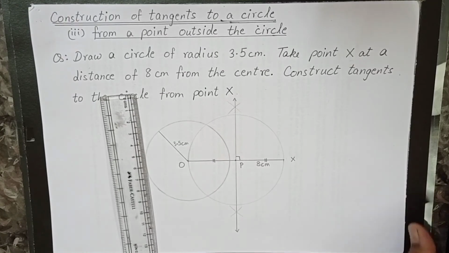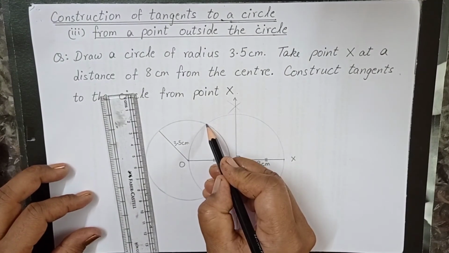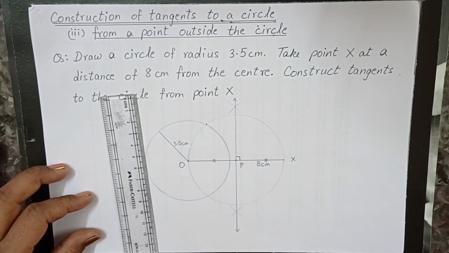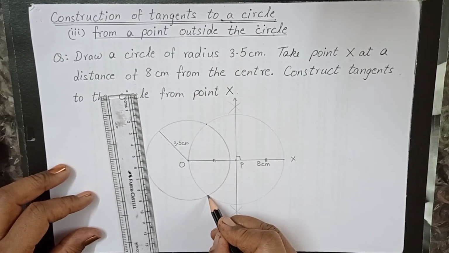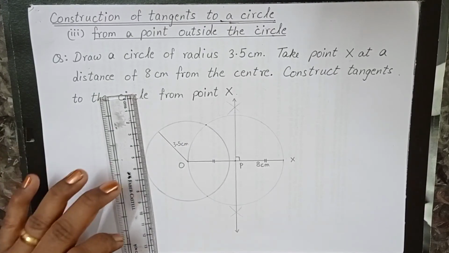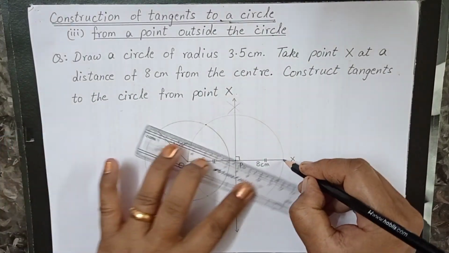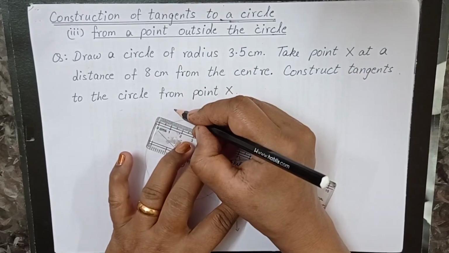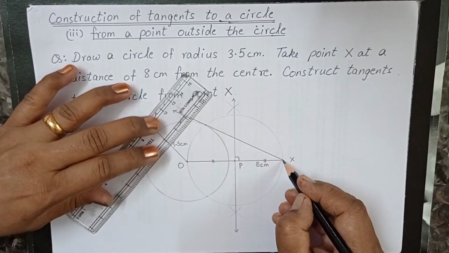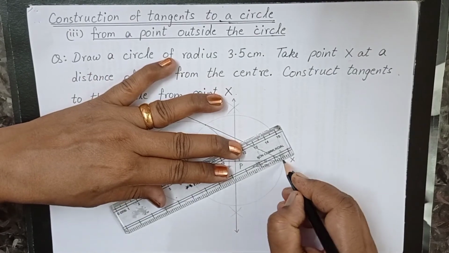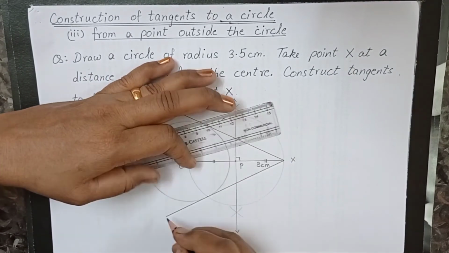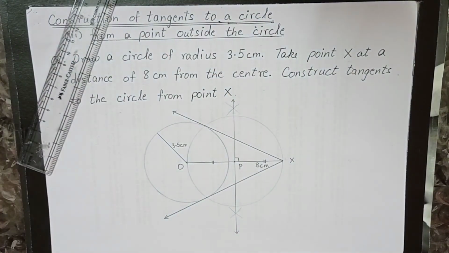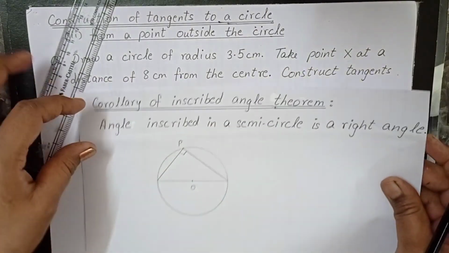Now the concept which is being applied here is, this will be the point of contact of one of the tangents and this will be the point of contact of the other tangent, right? So X has to join this point. This will be your first tangent and X has to be joined to this point, which will be your second tangent.